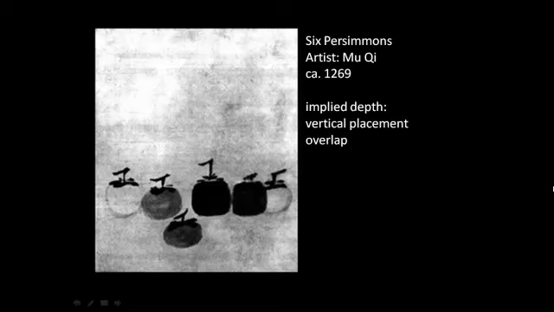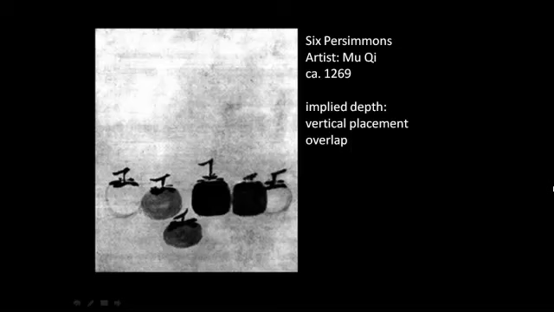Now, there's bad news and there's good news for people who are new to the study of art history. The bad news is actually space, and the representation of implied space in art is super complicated. Good news is those complexities don't really emerge until the Renaissance, which is beyond the scope of this class.